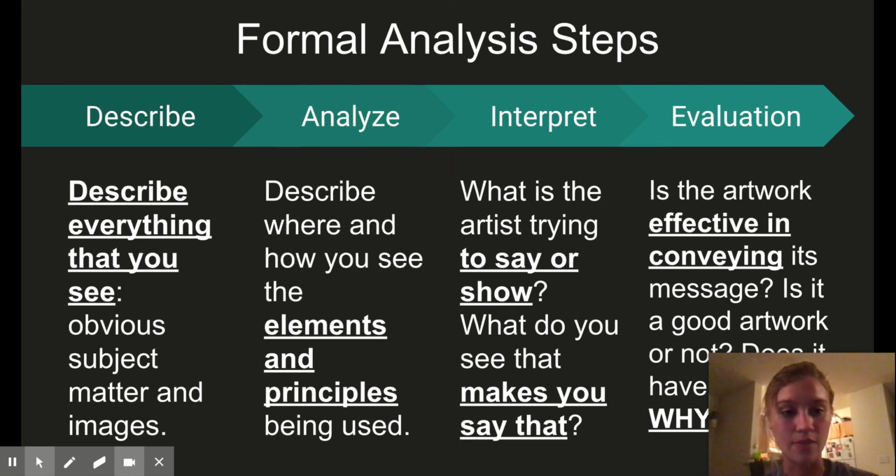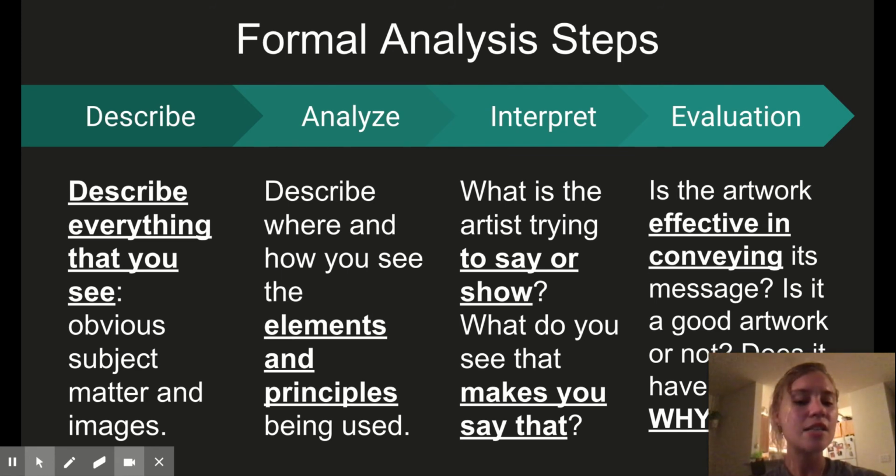Then the last step is evaluation. So this again is going to be going through how you overall feel about the artwork. The first one is what it means for interpret, and then evaluation is overall what you think of it. So is the artwork effective at conveying the meaning? Is it a good artwork or not?